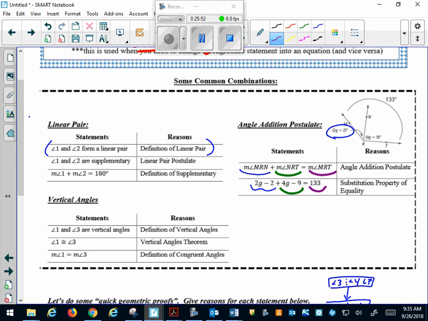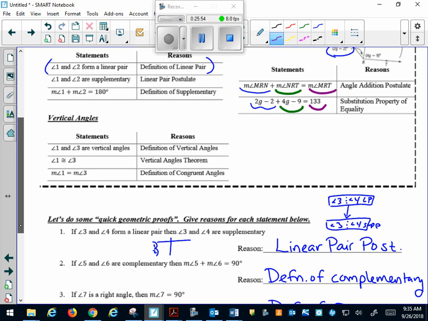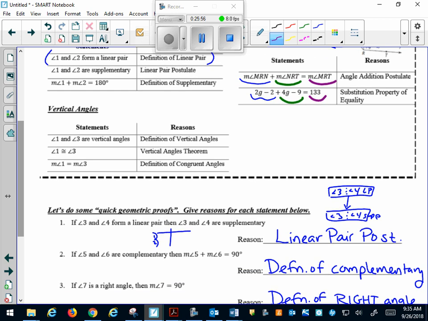Okay? And then again, vertical angles, this is another combination. Again, it's optional to say that they are vertical angles by definition. But then the vertical angles theorem says the two angles are congruent. So if they're congruent, we're using the theorem. Then sometimes it's necessary to turn that into a statement saying, well, if they're congruent, that means they're equal.